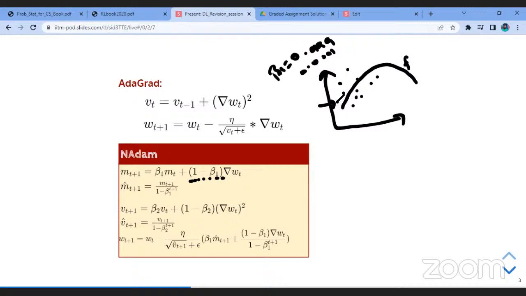Say, for example, it is sitting at 5. But because of this multiplication by 1 minus beta 1, I'm pulling it down to near 0. If you multiply 5 by 0.001, it's a very low value.